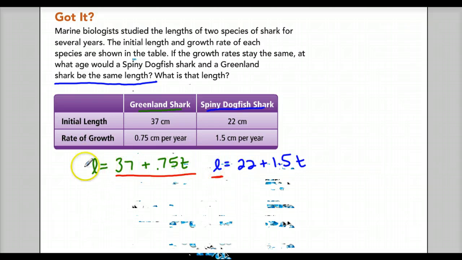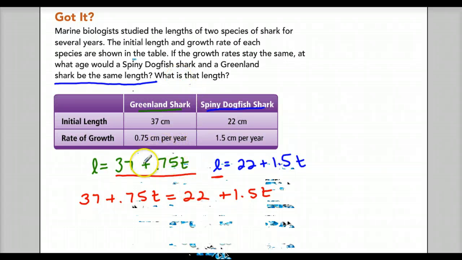This L is the same as this L, which means 37 plus 0.75t is the same as 22 plus 1.5t. Now what this means when we solve this out is it's going to give us what length and how many years it will take that these two sharks will be the same, at what length will be the same, and how many years.